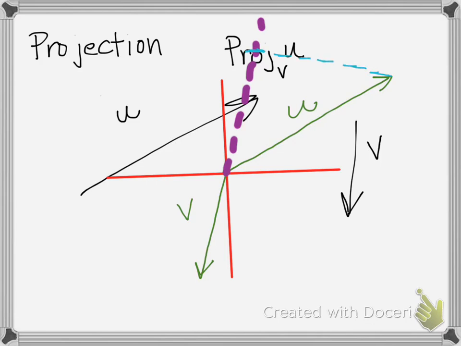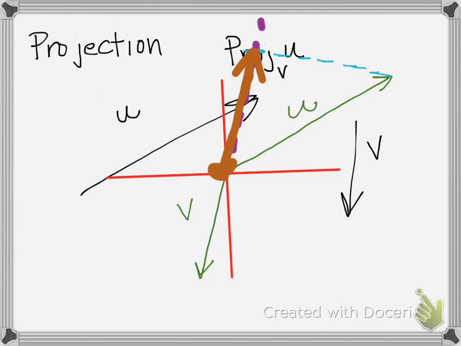And then I'm going to have a point of intersection between the point where I dropped it and the line that I'm dropping it onto. So the line that I'm dropping at a right angle and the line that I'm dropping onto are going to have a point of intersection. That is going to indicate my projection. So from here to here, that vector is the projection of u onto v.